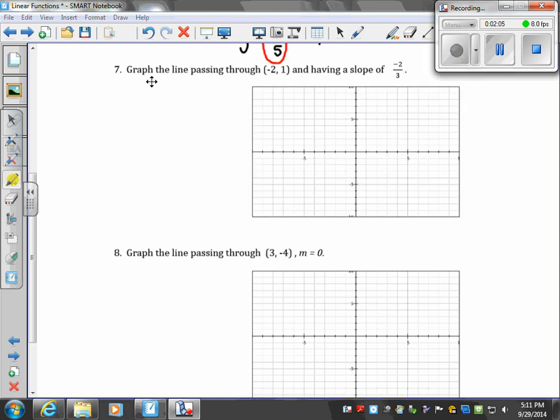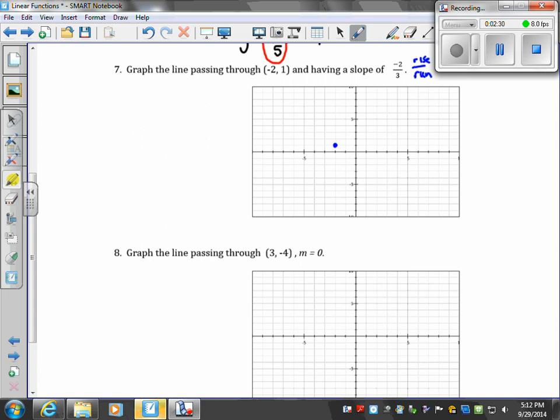They're going to tell us to graph the line that passes through the ordered pair negative 2, 1 and has a slope of negative 2 over 3. So first of all, start with your ordered pair: negative 2, positive 1. Okay, there's negative 2, 1. And then the slope, this is our rise over our run, and in this case, it means down 2, right 3.